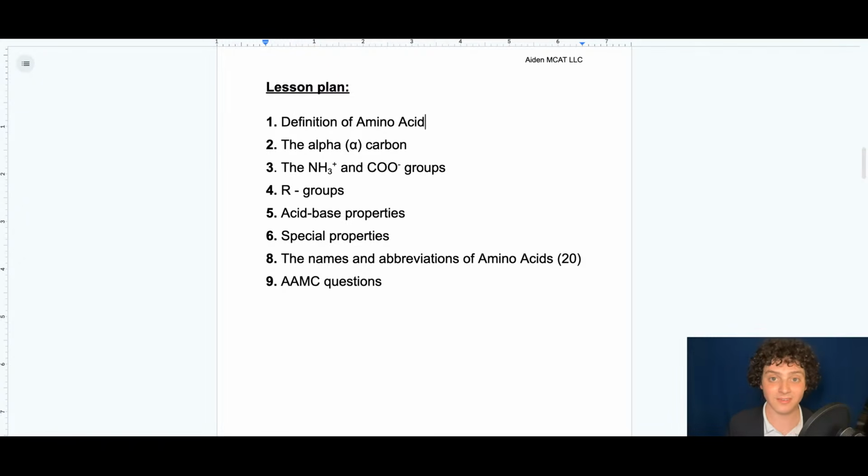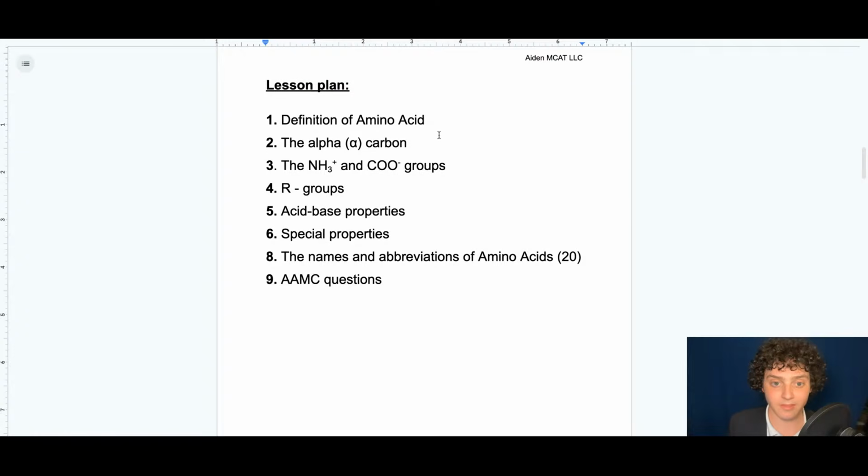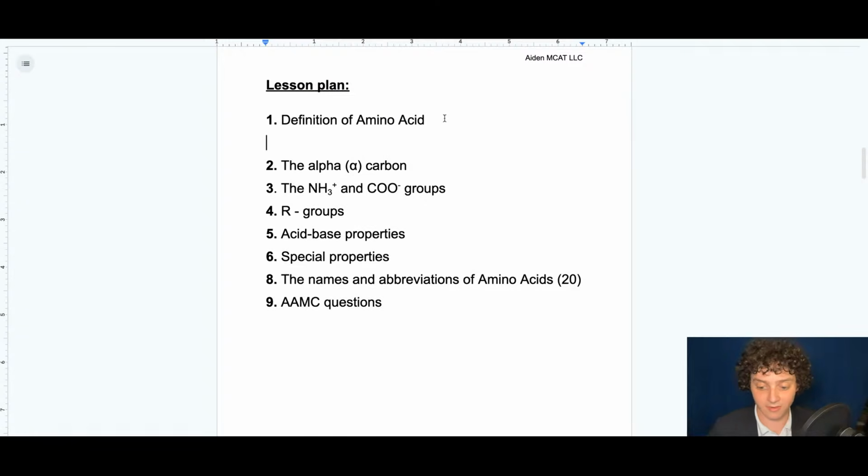So the amino acid can be a sort of intermediary in many metabolic processes. That's part of the importance, which I think goes along with the definition.